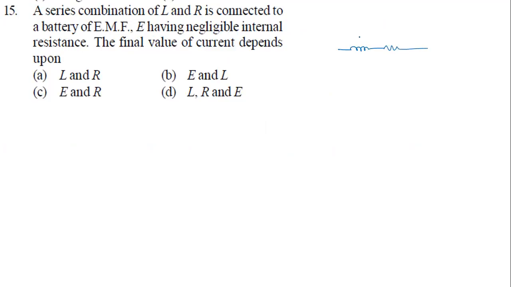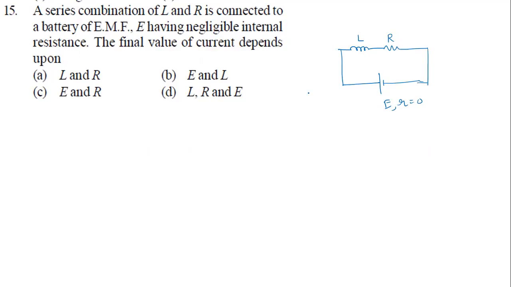An inductor of inductance L and a resistor of resistance R are connected to a battery of EMF E, having a negligible internal resistance. Let's say the internal resistance is equal to 0. In the question it is clearly given negligible internal resistance.